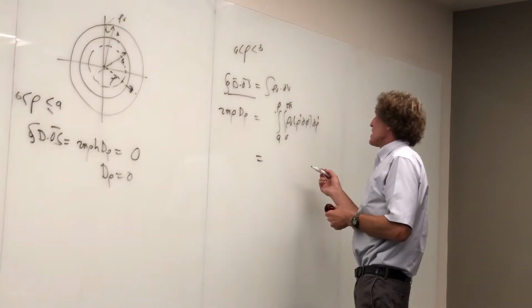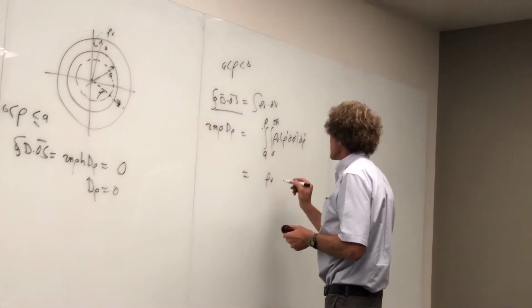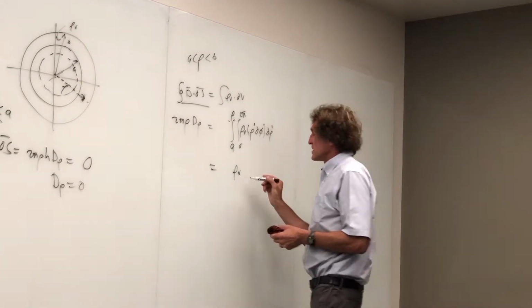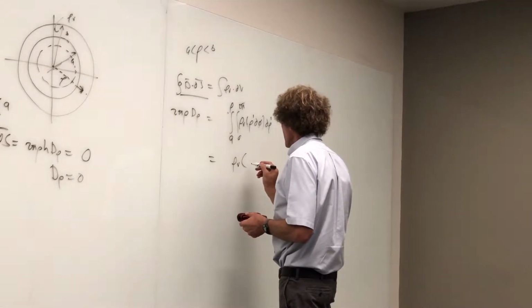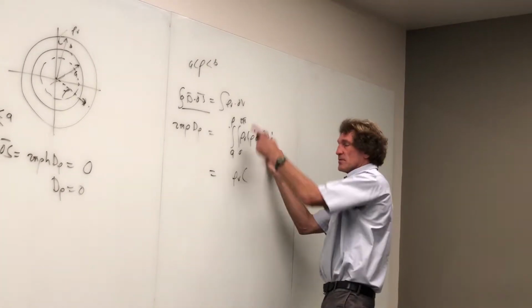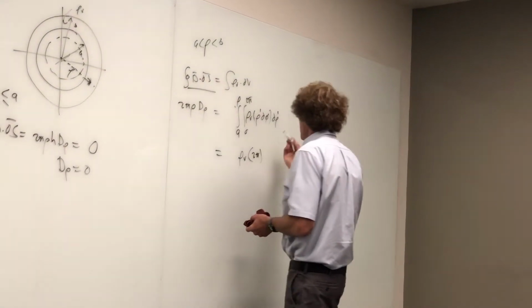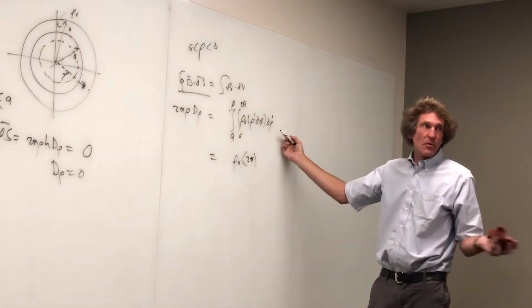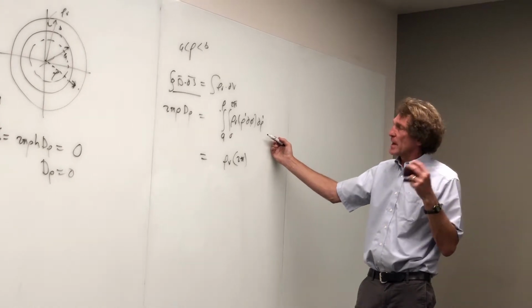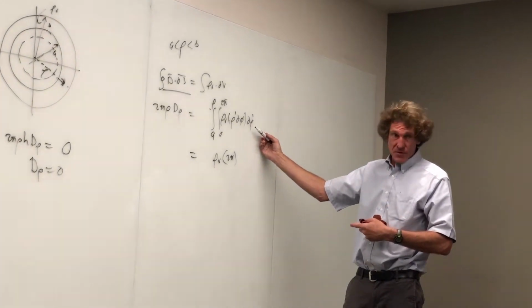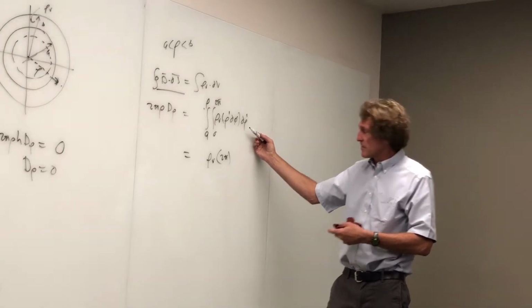Now I have rho v, that's a constant. When I integrate d phi, I just get what, class? When I integrate d phi from 0 to 2 pi, I get 2 pi. And then when I integrate rho prime d rho prime from a to rho, it's rho prime squared over 2, right? And then you have to evaluate.